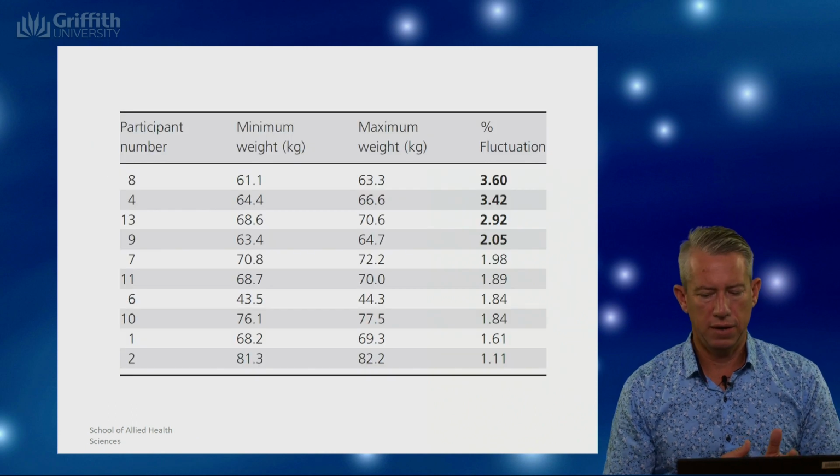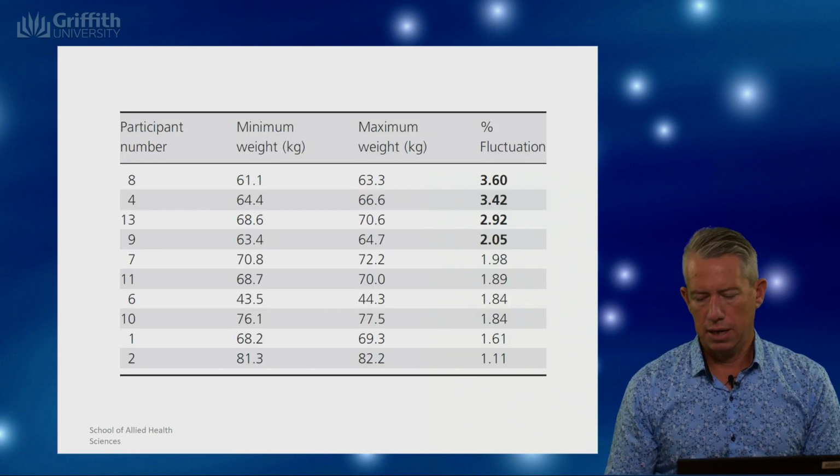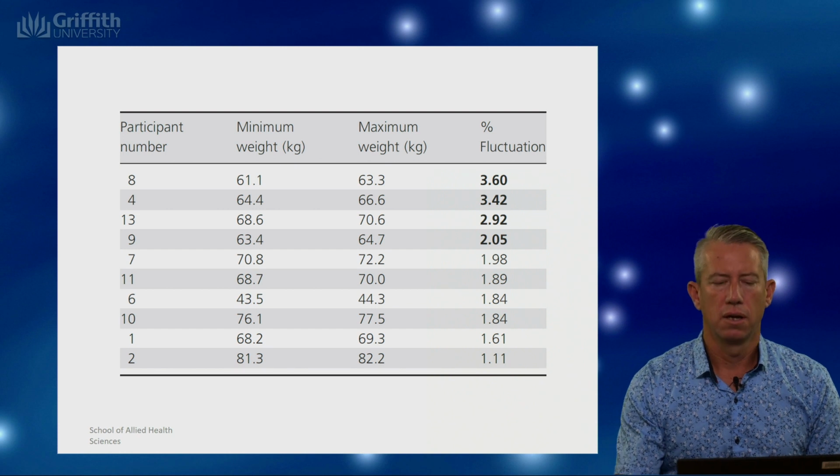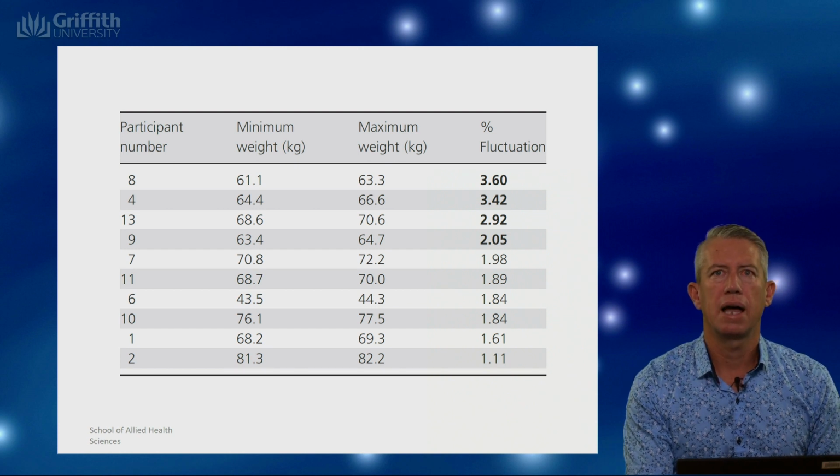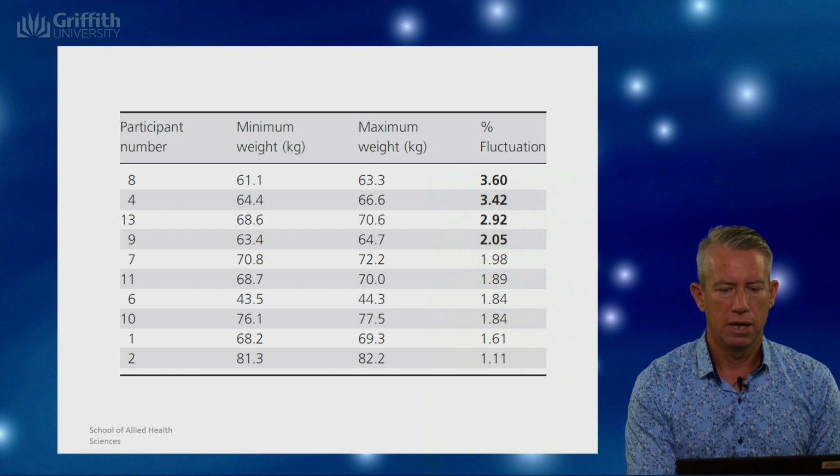And this is what they found. And really the key point here is on the right-hand side, that we see large potential percentage body weight fluctuations in a number of these individuals.